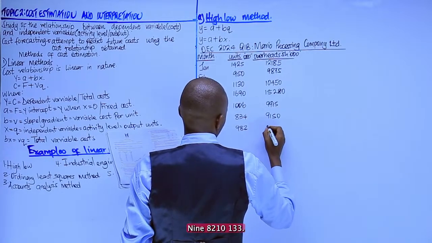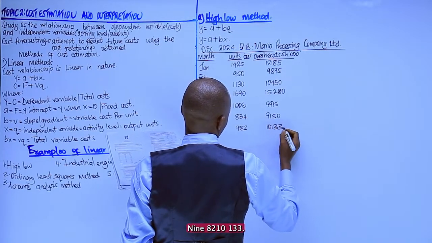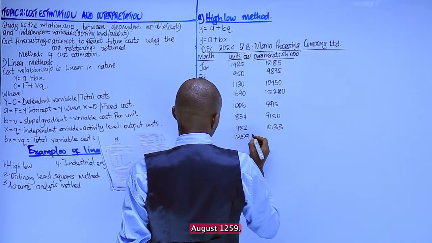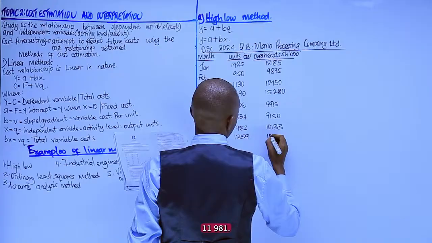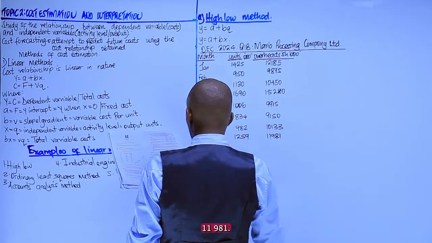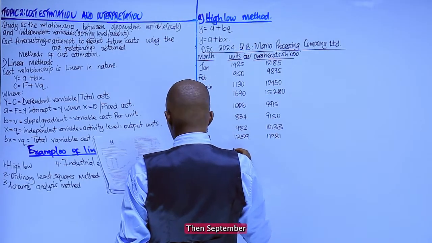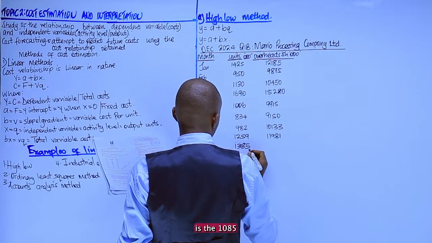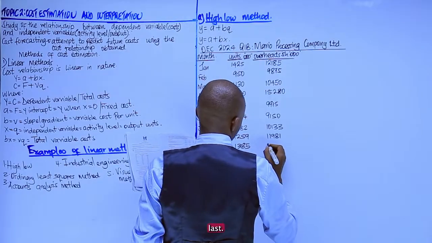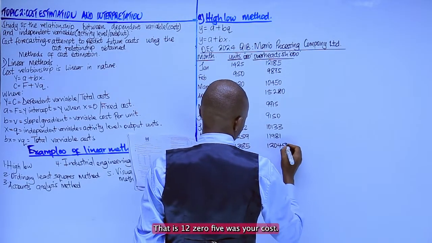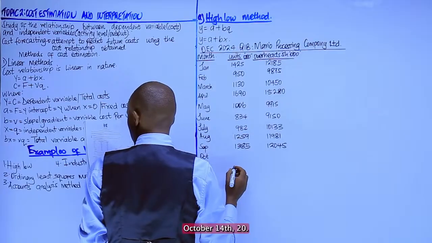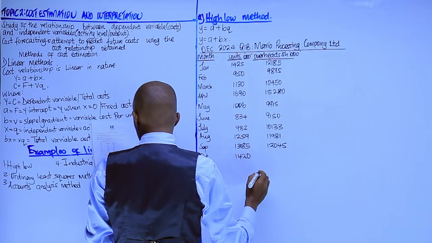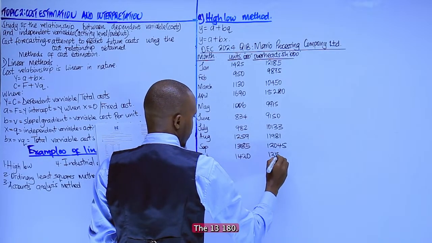982, 10,133. August 1259, 11,981. Then September is 1385. Last that is 1205 as your cost. October is 1420, 13,180.